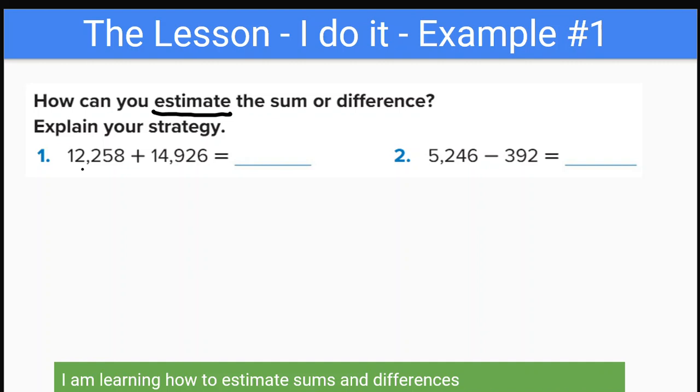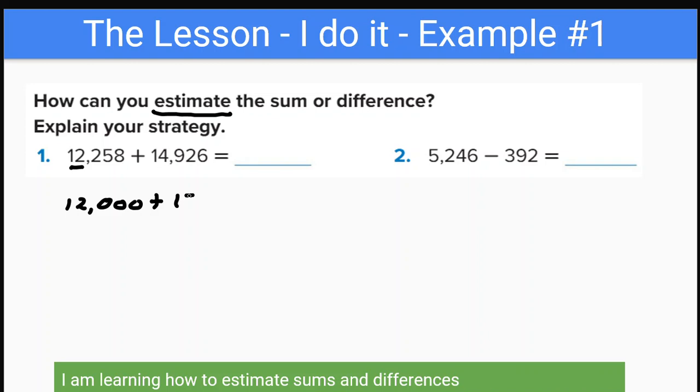So me, I just kind of eyeball this right here. This is 12,258. To me, that's not so far away from 12,000. Okay? So I'm going to call that 12,000. Now this is 14,926. Okay? Well, isn't that pretty close to 15,000?